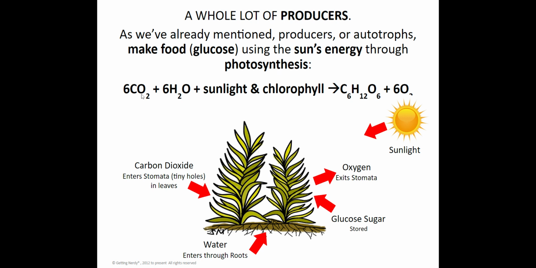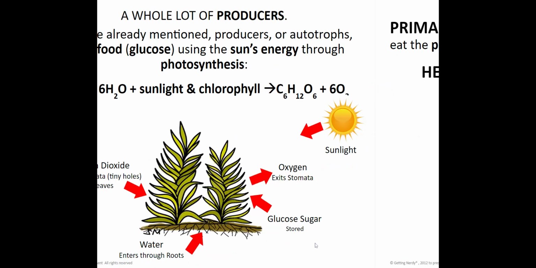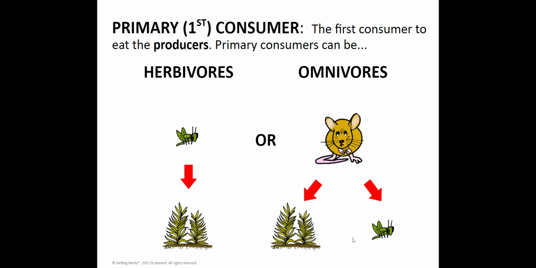So remember our photosynthesis: CO2 plus H2O plus sunlight and chlorophyll will give us C6H12O6, that's our glucose, and 6 oxygens. We went through this. After producers, we're going to go to consumers. To consume means to eat, or take in. Our first consumer always eats the producer.